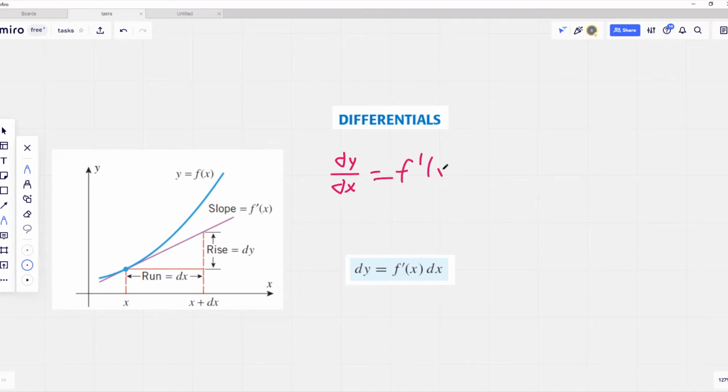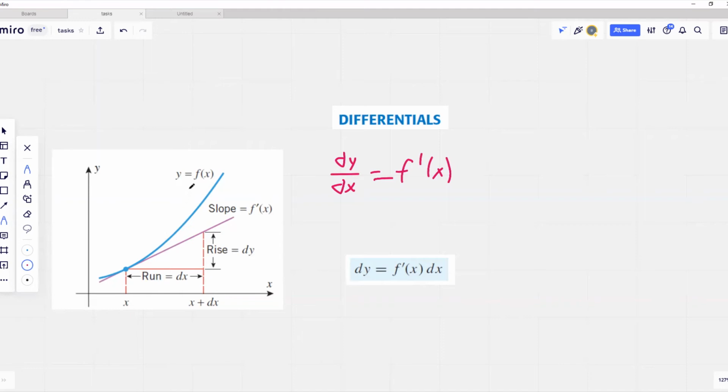So if we treat this as a ratio, then we can express dy as f prime of x multiplied by dx, which is known as the differential form of the derivative of function f. The geometrical meaning is the following.